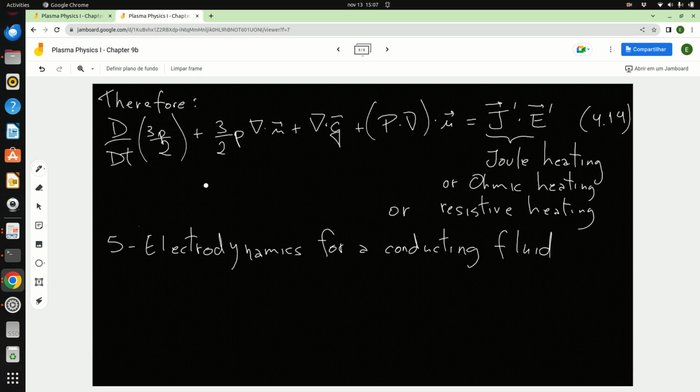You see, we have derived the continuity equation, the movement equation, the energy equation, but for each equation there are always some new variables that need to be computed, that you need an equation for. If you check equation 4.14, we have the equation for small p, but then you have capital P. This is a tensor.